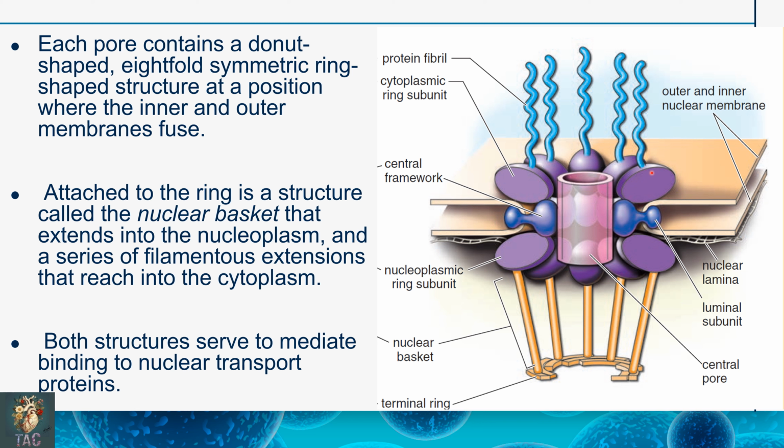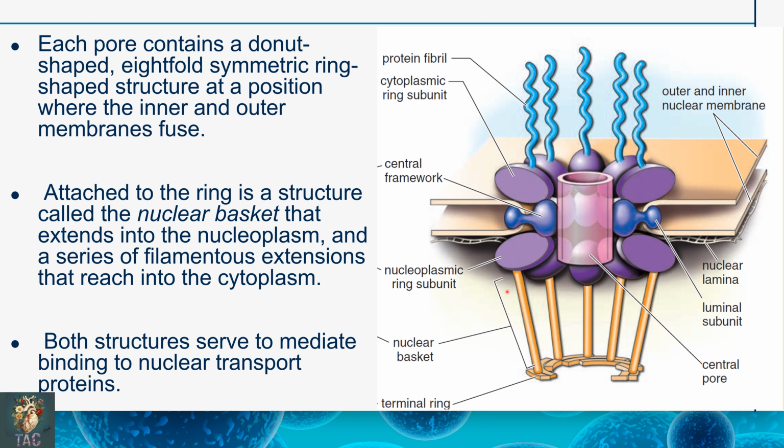On the cytoplasmic side these are given the name of the cytoplasmic ring subunit, and on the side of the nucleoplasm these are called the nuclear ring subunits, and in between these two there is the central framework with the luminal subunit, and in the center you can see the central pore which is present.